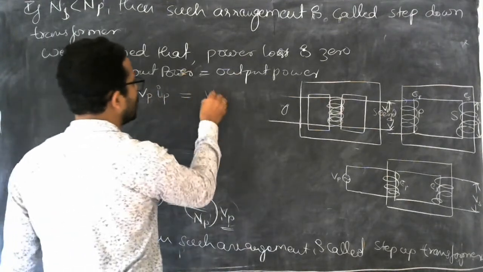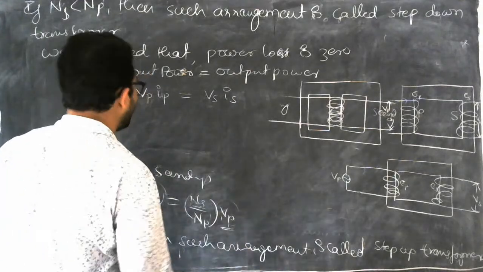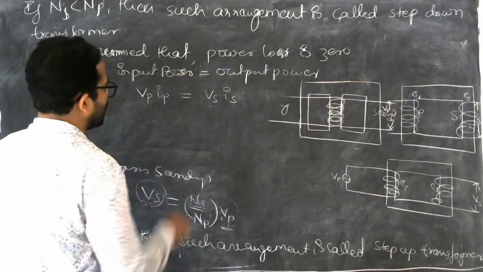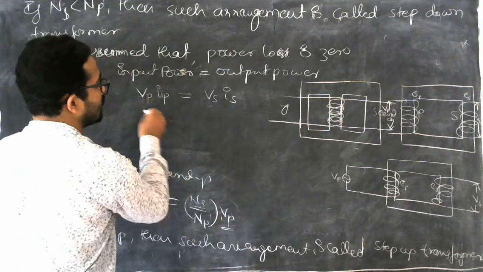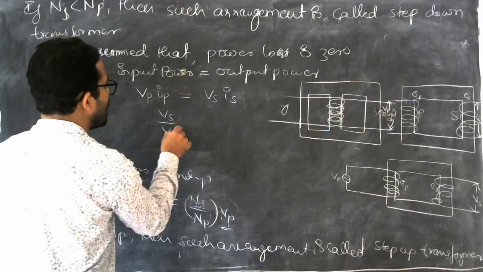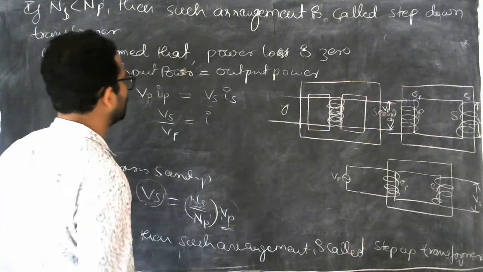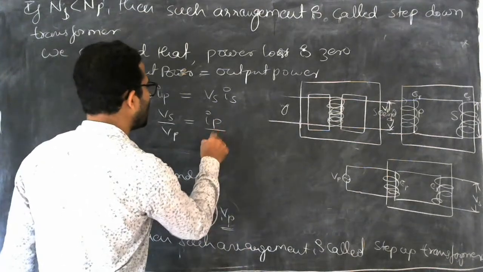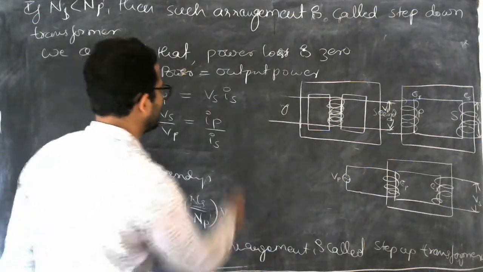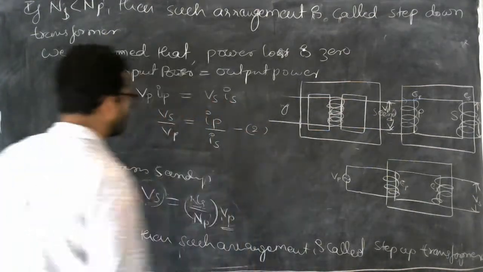It is equal to Vs Is. If you rearrange this, take the Vp here, Vs by Vp is equal to Ip by Is. This is another relation. We can write this as 2.